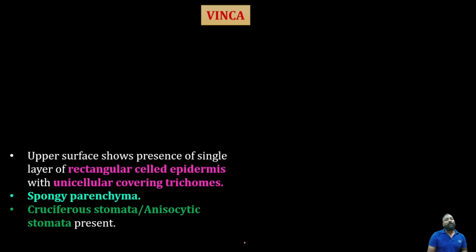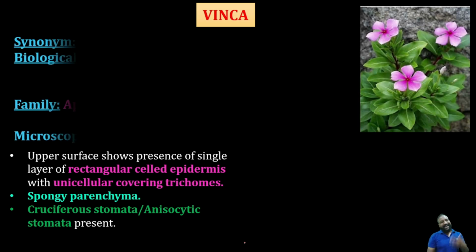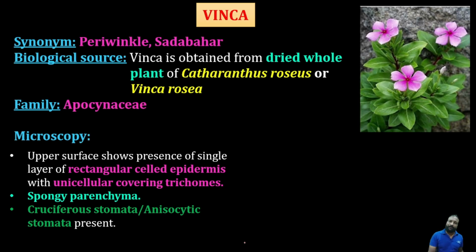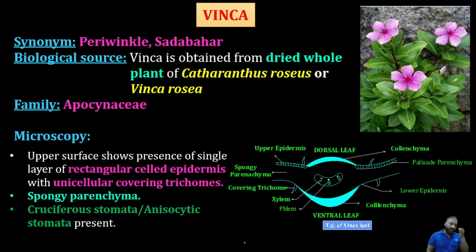Next, we'll see one of the other important alkaloids, which is very familiar for its anti-cancer property. Whenever you hear about the Indole alkaloid, your mind may go to some other drugs. But according to my knowledge, whenever I hear about the Indole alkaloid, my mind definitely goes to Vinca, because Vinca has about 100 plus types of Indole alkaloids.